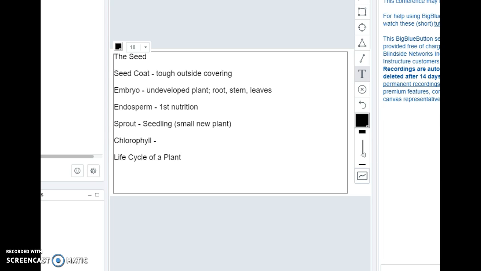So this chlorophyll in these leaves is going to go through the process of photosynthesis. Found in the leaves, responsible for photosynthesis.